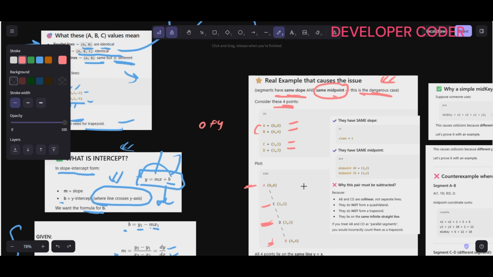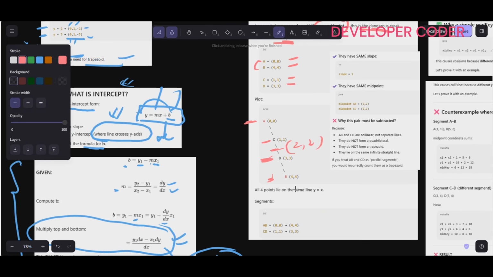Now if you see, all 4 points lie on the same line, y is equal to x. And here these are the segments A, B, and C, D. So they have the same slope, they have the same midpoint.